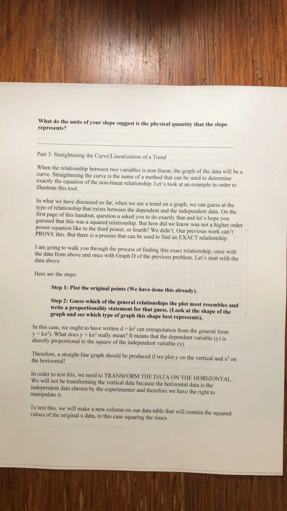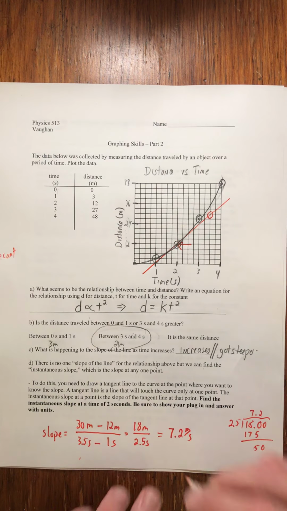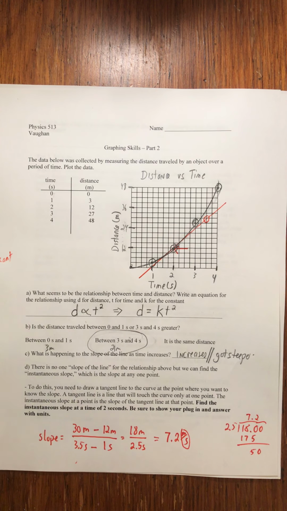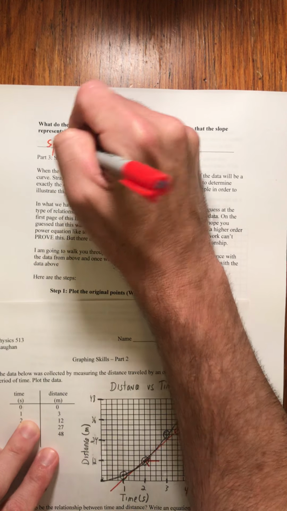What do the units of your slope suggest is the physical quantity for that slope? Meters per second. What do we know is measured in meters per second? Oh, I know. Speed. Speed is measured in meters per second.